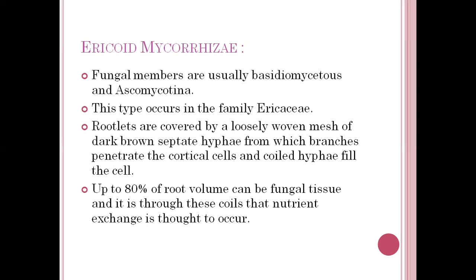From this brown mesh, the branches of the hyphae penetrate inside the cortical cells, and the coiled hyphae fill most of the cells in the cortical region of the roots. Up to 80% of the root volume can be fungal tissue, and it is through these coils that the nutrient exchange is thought to occur.